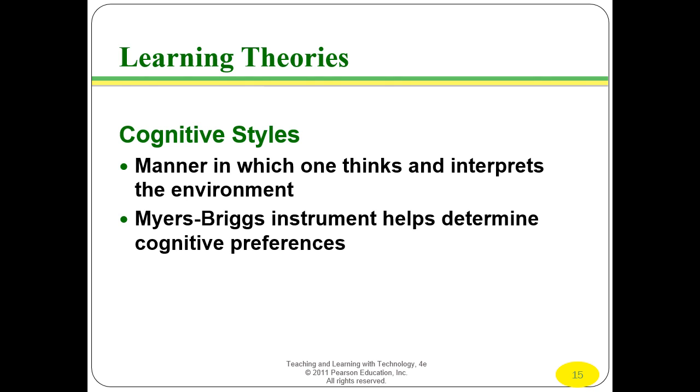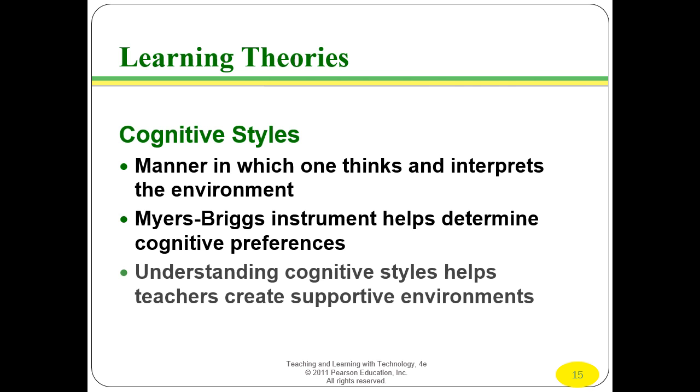They divided all these cognitive preferences, and we have a test instrument that we can give somebody to see where they fit. Understanding how students process, think, and interpret what's being told to them and what's going on around them will help us develop environments that are conducive to learning.